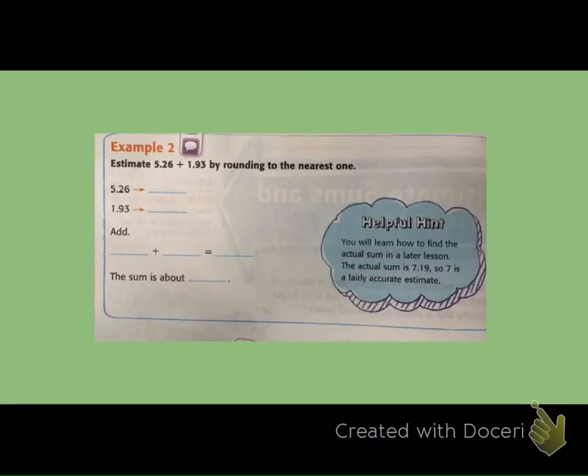All right, let's take on example number 2 now. They've given us the estimate here, and they're asking us to round to the nearest 1, and that's the most important thing you're going to look at. We want to know where we are rounding to. In this number, we're rounding to the 5. That 2 is going to keep it the same, so it's just going to stay 5. Here we're rounding to the 1 in the 1s column, the 9.